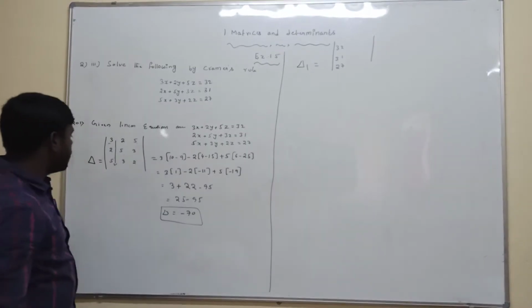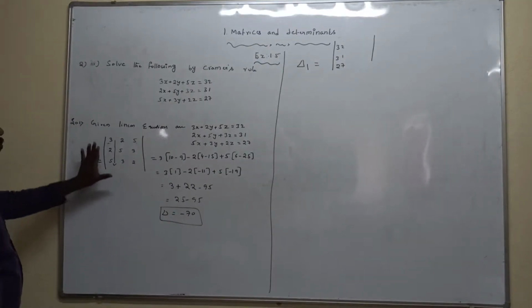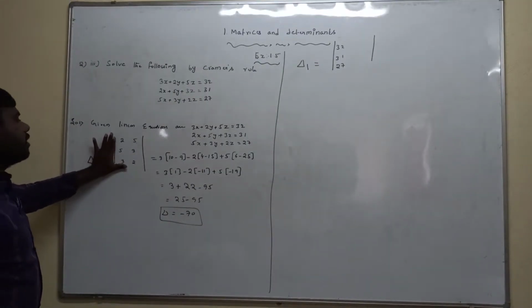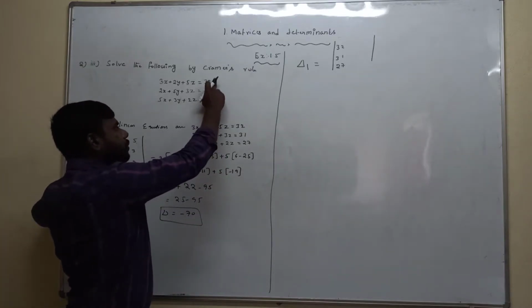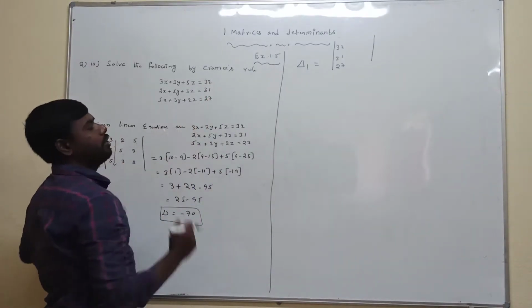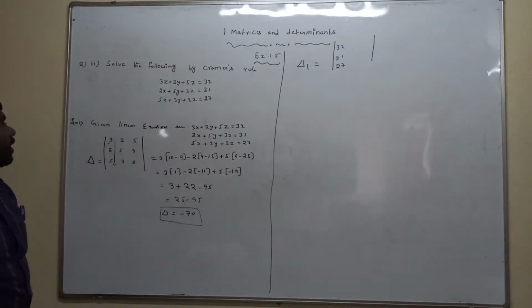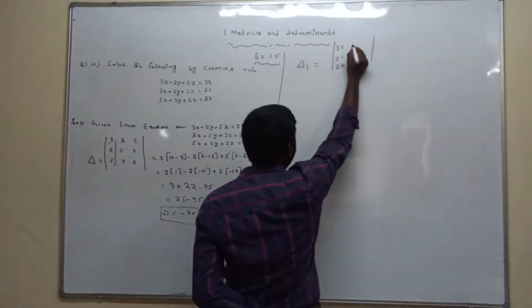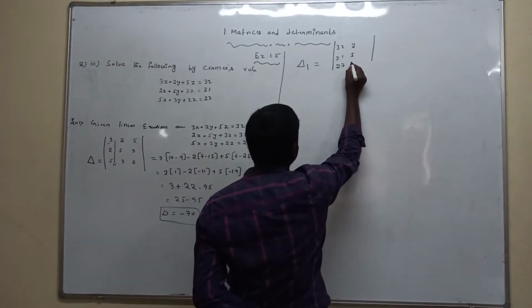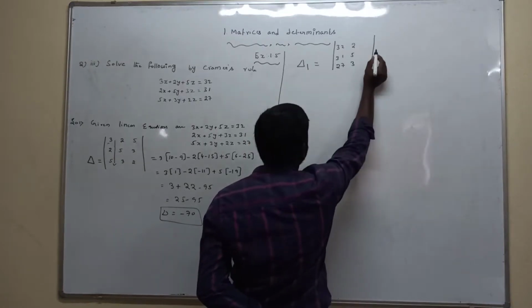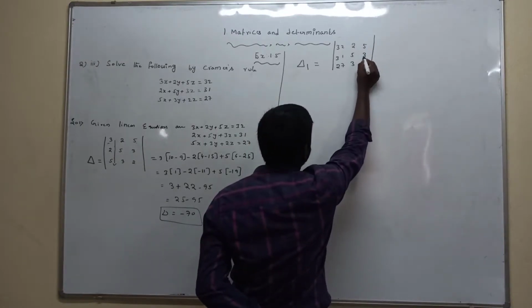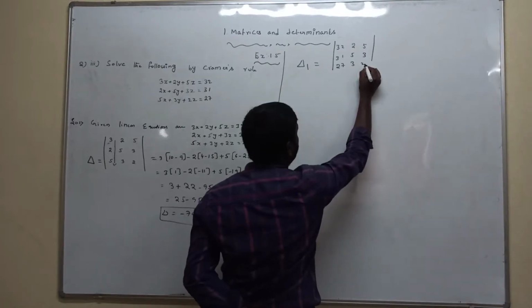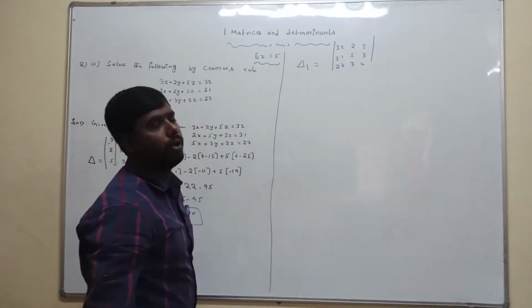The second and third columns do not change: 2, 5, 3 and 5, 3, 2. So now we have to calculate the determinant of this.